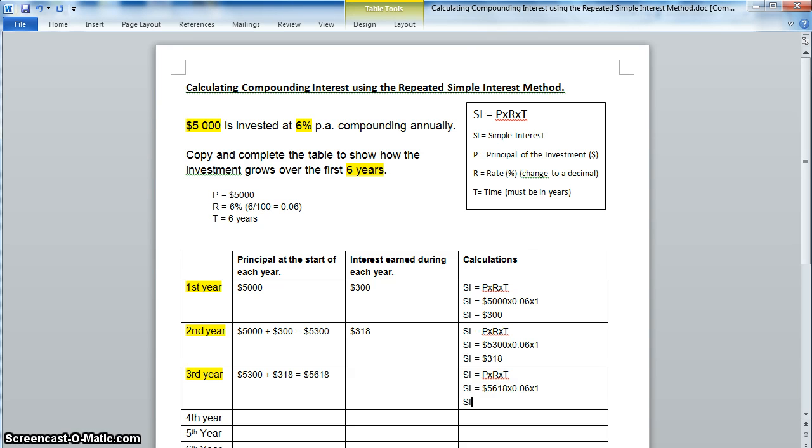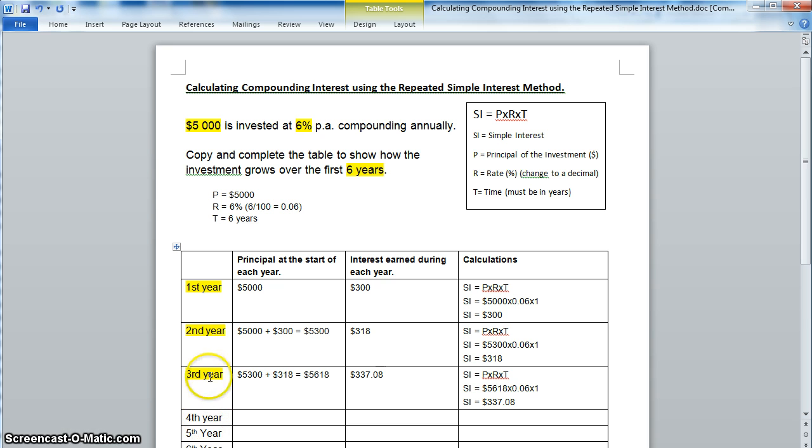So simple interest for the third year equals, we can put that into our calculator, and it comes out to $337.08. Now when you calculate this, you need to round to the nearest cent, which is 2 decimal places. So we put the simple interest for year 3 in our column, and we're ready to move over to year 4.